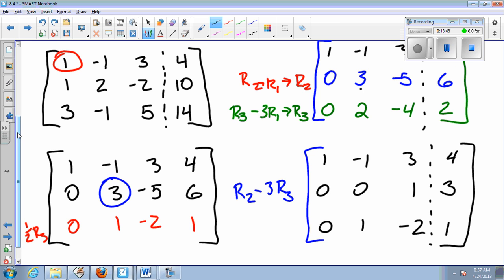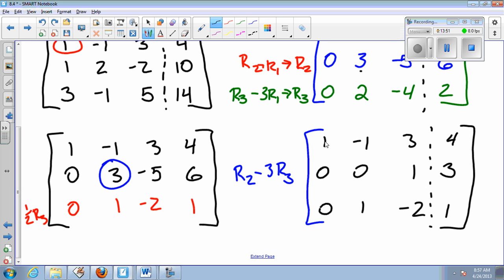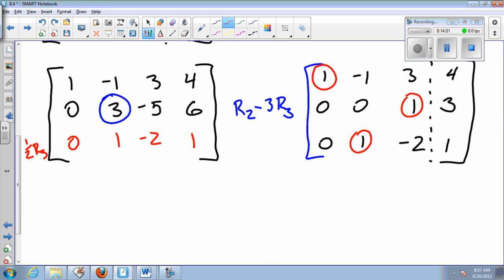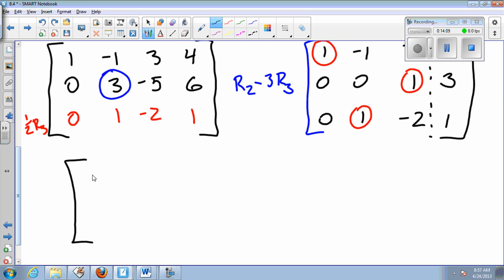So we now have a 1, a 1, a 1. But they're in the wrong order. So we need to get them in the right order by switching row 2 and row 3. So now we are going to switch row 2 and row 3.